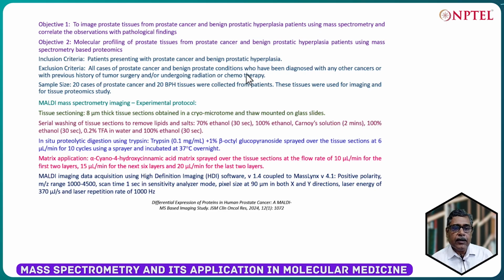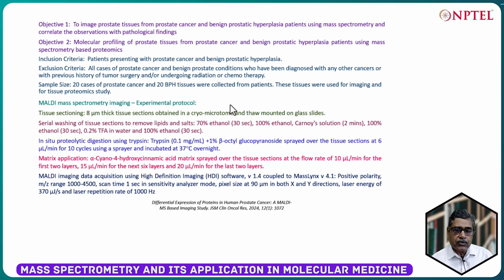The imaging we will do using MALDI mass spectrometry imaging. While talking about rat kidney tissue imaging in the previous class, I explained that the experimental protocol for processing the tissues is very important, and it is not very common, unlike regular mass spectrometry based proteomics.